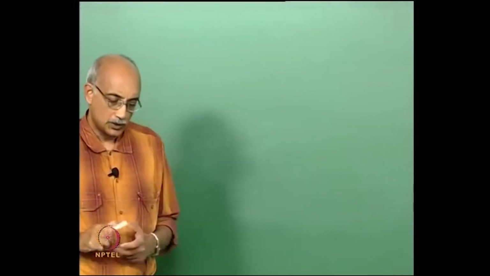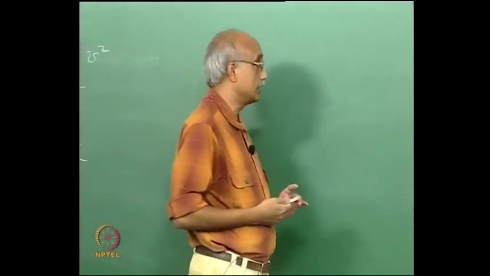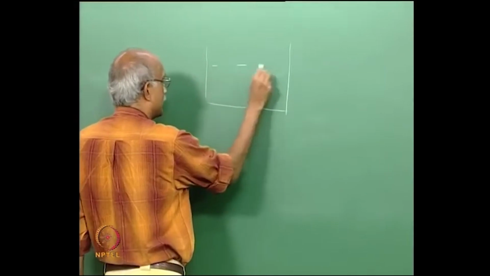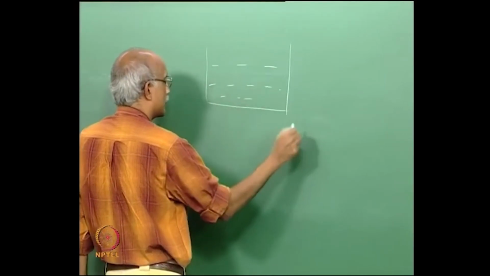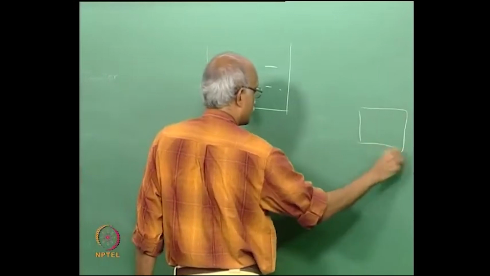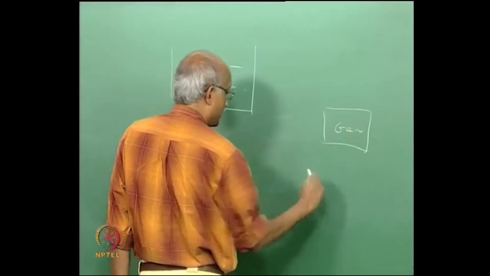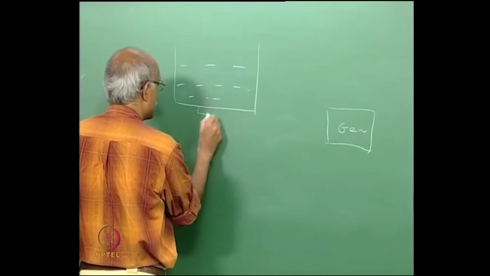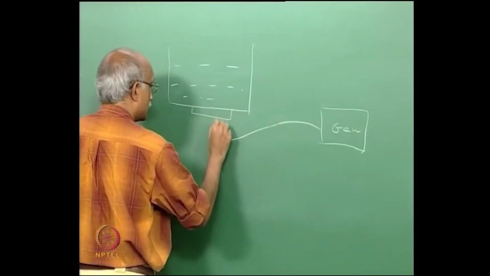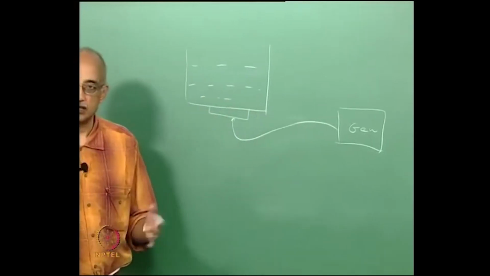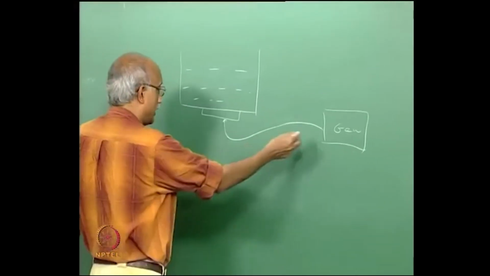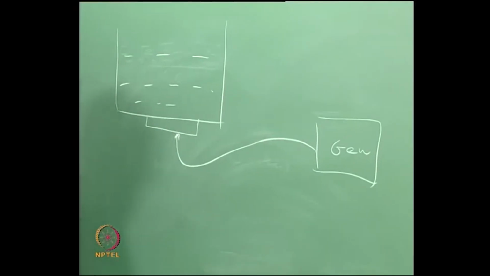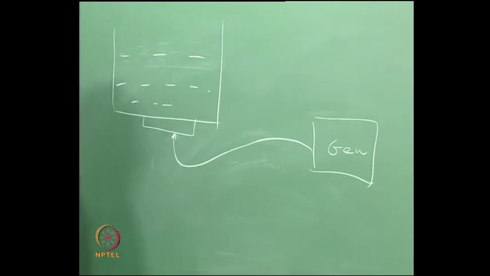So in the case of both ultrasonic cleaning and megasonic cleaning, what you do is you take a liquid medium and you have a generator that generates an acoustic field, and you have a transducer that is attached to the tank in which the liquid is contained, and this electrical energy is transferred to this transducer, which converts it into a mechanical energy.